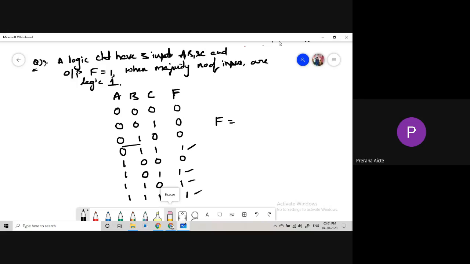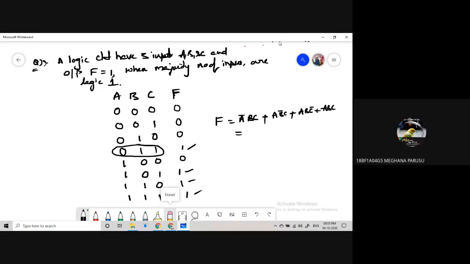So this is A bar BC, right? Is it okay? A bar BC. Yes, sir. Then A B bar C, then A B C bar, plus A B C. So what is the minimal expression for this? Which one is constant here?